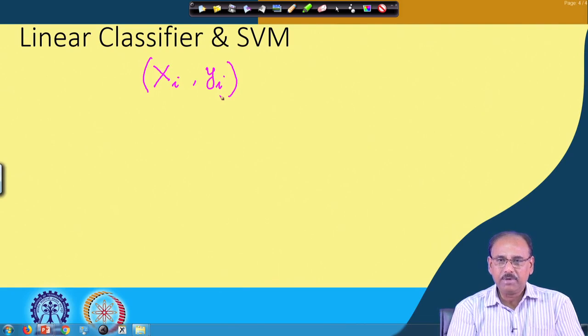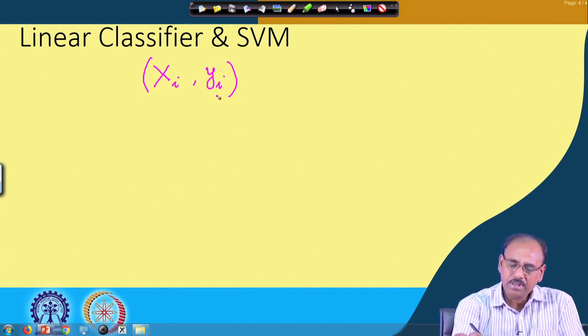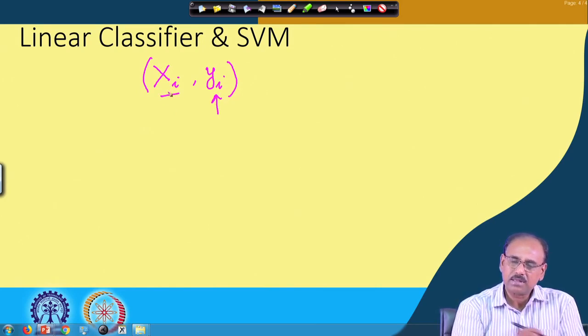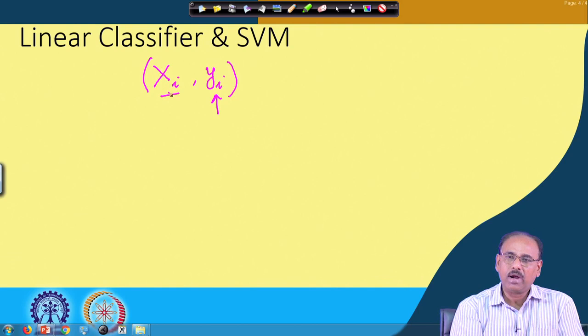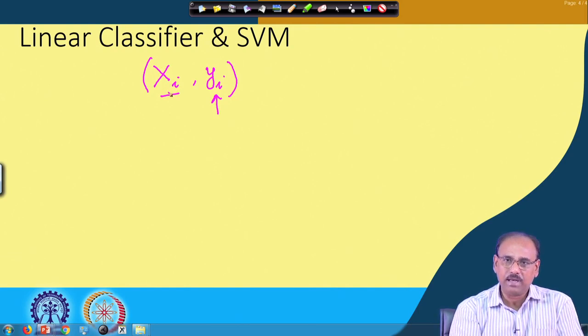In the case of the linear classifier or support vector machine that we have discussed so far, because we are concentrating on only a two class problem, this yi, which tells you from which category the sample xi has been taken, can have one of two values.